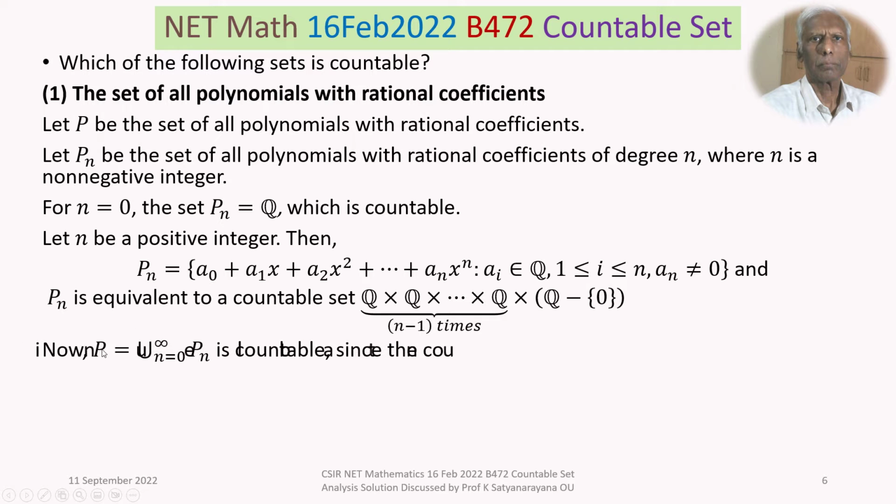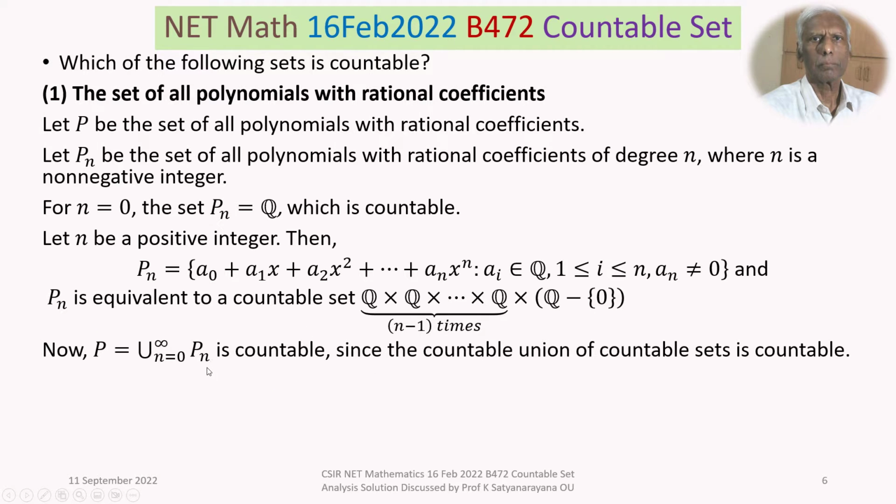Now, what is P? P is the set of all polynomials with rational coefficients, and that will be equal to the union n equal to 0 to infinity of Pn. That is, when n is equal to 0, the set of all polynomials with rational coefficients of degree 0, degree 1, degree 2, and so on and so forth. The union over n equal to 0 to infinity of Pn is countable. Why? Because when n is equal to 0, Pn is countable, and when n is equal to 1, 2, 3, and so on and so forth, Pn is countable.